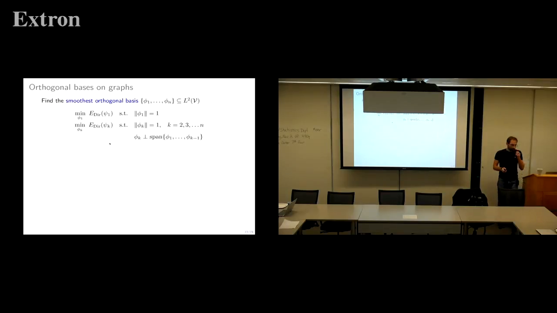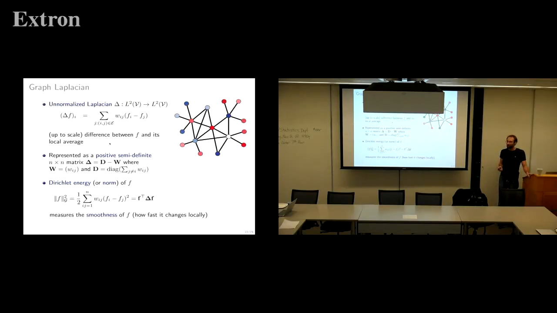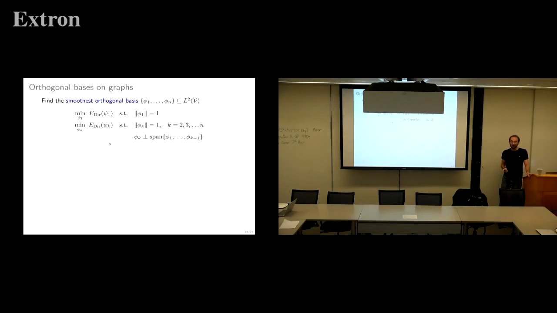Okay, so next, why is this important? Basically, you can ask the following question. Now we have a measure of smoothness on a graph, right? The Laplacian allows us to tell whether the function is smooth or not, whether it varies fast or slowly. So you can ask: let's build an orthogonal basis.